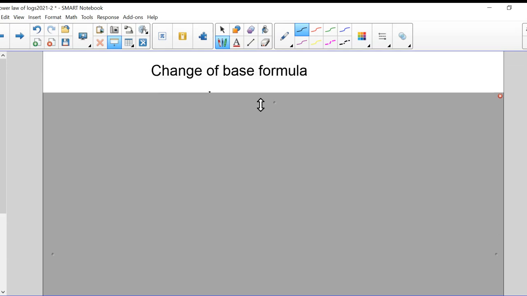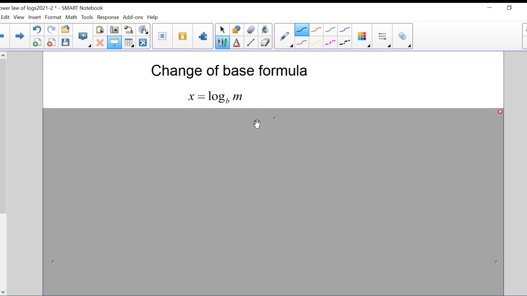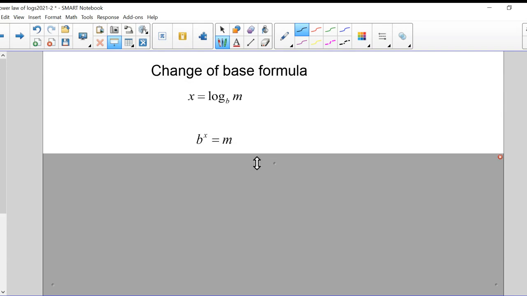Let me start by saying that if I have something in log form, such as x equals the log base b of m, something we said yesterday is what we call the log format, then I can put it into exponential form by saying b to the power of x equals m. That's the exponential form of the first statement, which is the log form, right? Hope everybody remembers that. So this is the log form, this is the exponential form.